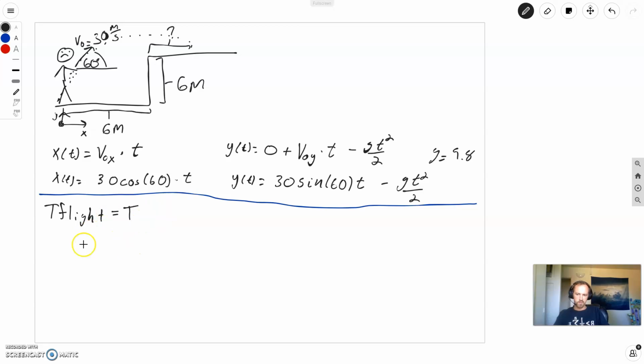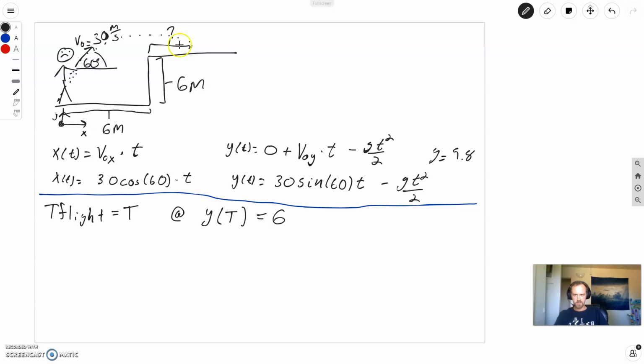And what do we know about this time of flight? Well, I know that at y evaluated at this time, it's at a height of 6, right? Because when this thing stops flying, it will be at a height of 6. Now you'll notice there's actually kind of 2 times, at least in general, where this height could be equal to 6.